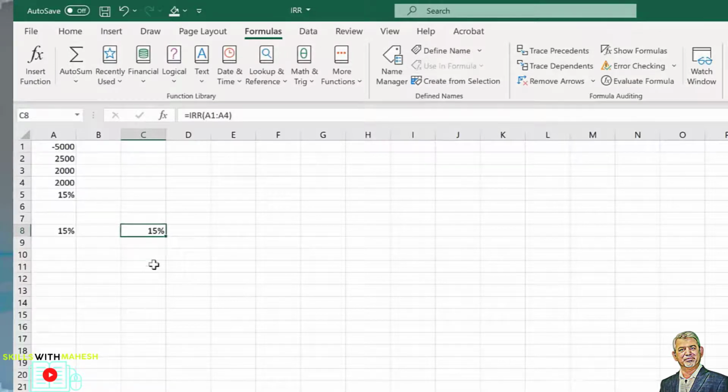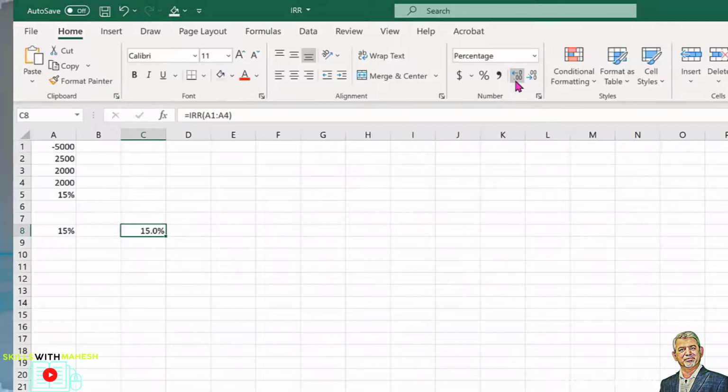It is 15%, but is it exactly 15%, or is it a little more or less and has been rounded off to 15%? You can research that. 15.0%. I increase the decimal places. Actually it is 15.02%.